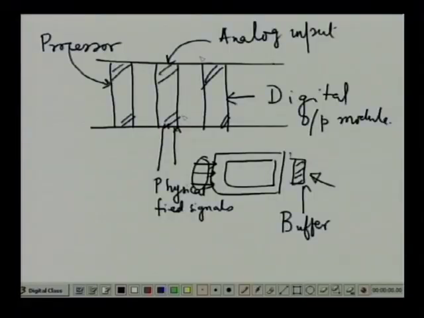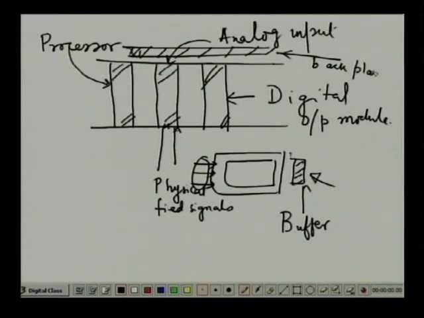All these IO cards are connected to what we referred to in our earlier lecture as a back plane or a bus, which is nothing but a set of conductors to which all of these are connected. So when I say that a processor reads an input, it actually reads these buffer values over the bus.